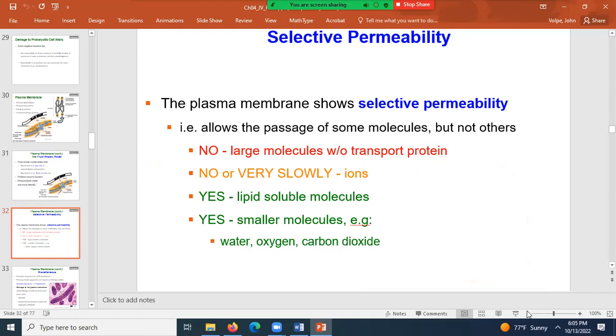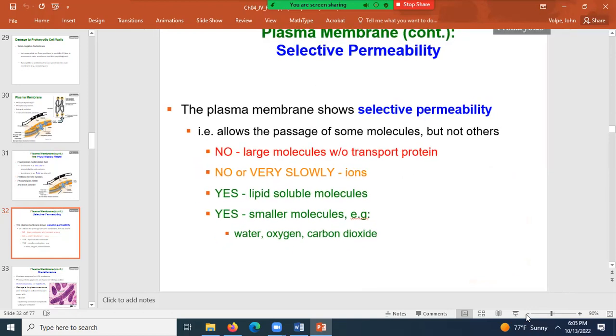The plasma membrane has selective permeability. It has selective permeability, allowing the passage of some molecules, but not other molecules to pass. No large molecules can pass the cell membrane unless there is a transport protein specifically made to transport that molecule.